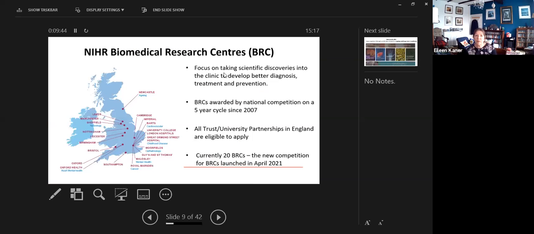And our Biomedical Research Centre in Newcastle is one of a number of BRCs that are across England. And this shows all of the other BRCs on a map. There's 20 of them. They're funded through a national competition like an ARC, and they all involve university partners linking to trusts and doing much more discovery science, trying to get ideas from a laboratory and closer down that pathway into clinical practice.